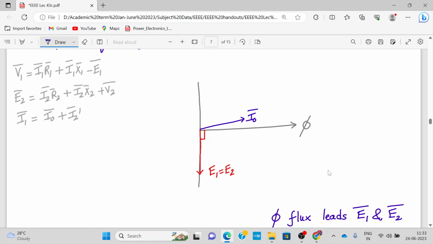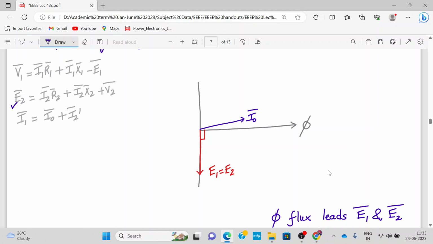First of all, we should remember, before going to I0 bar and everything else, let's focus on this equation: E2 bar is I2 R2 plus I2 X2 plus V2. Now, the phase difference between V2 and E2, how will we know?